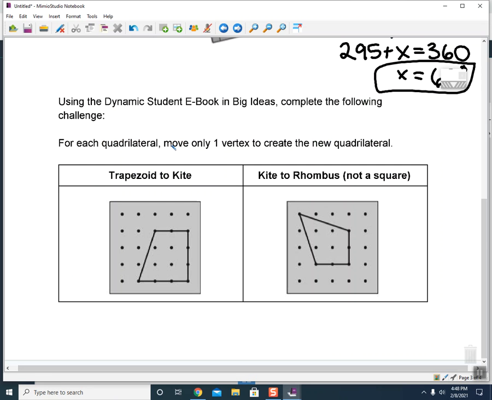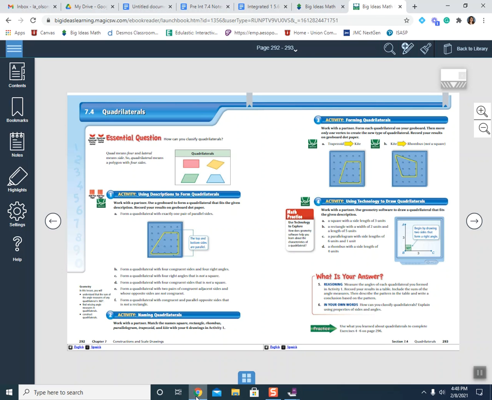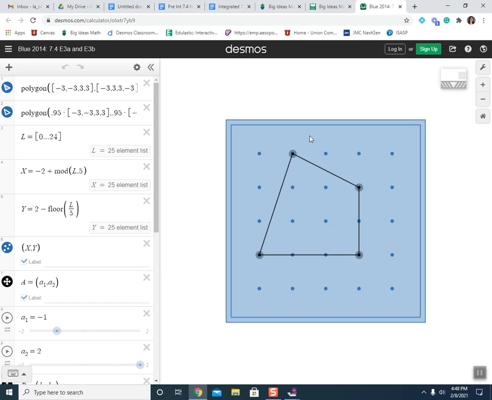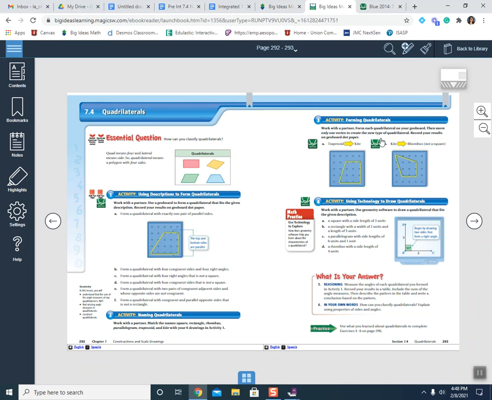Here's what's going to happen: you're going to move one vertex to create the new quadrilateral. This first one I need to make from a trapezoid into a kite. If I click on this, it's not going to be set up exactly like this, so you're going to have to look at what it has here.